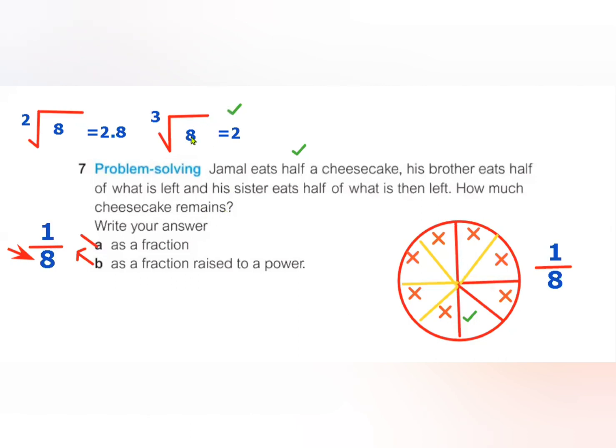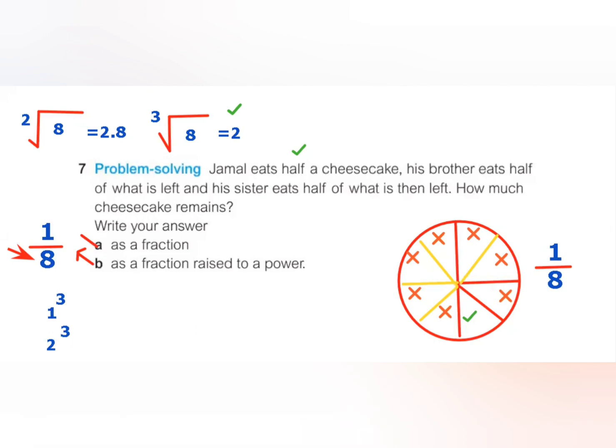And because I use the cube root with the 8, I have to do the same with the 1. So I'm going to write here 1 to the power of 3. And why did I do the power as 3? Very good. Because I used the cube root. And then here it's going to be 2 to the power of 3. Very good. Power of 3.